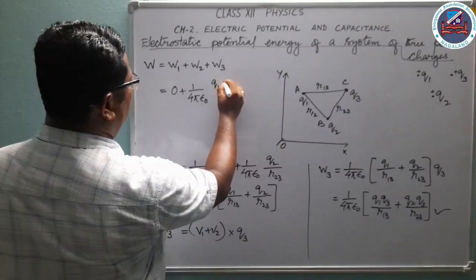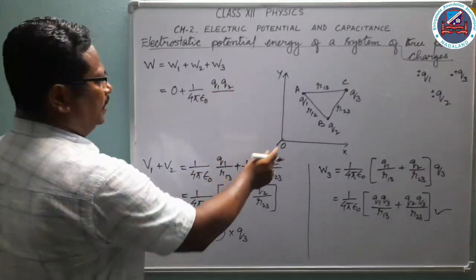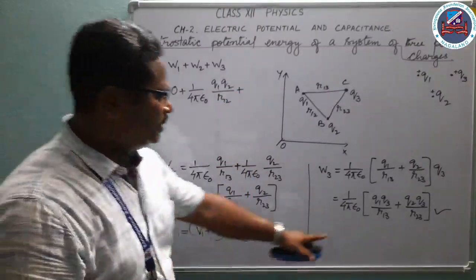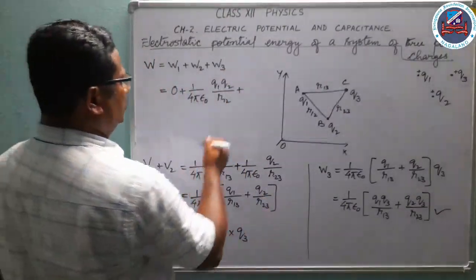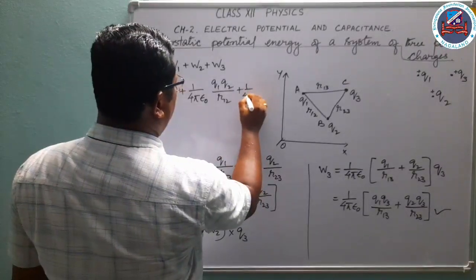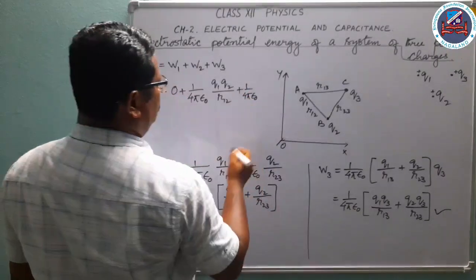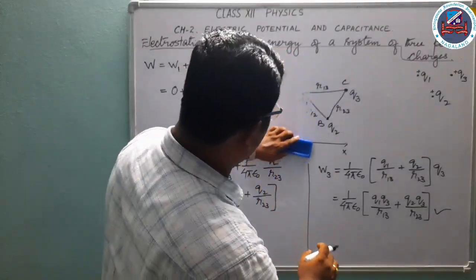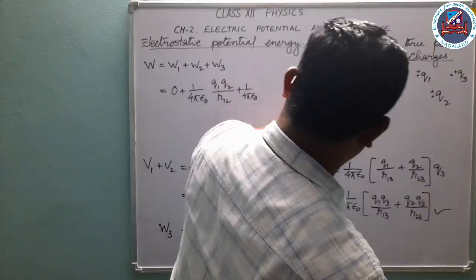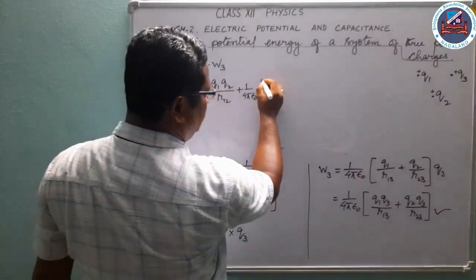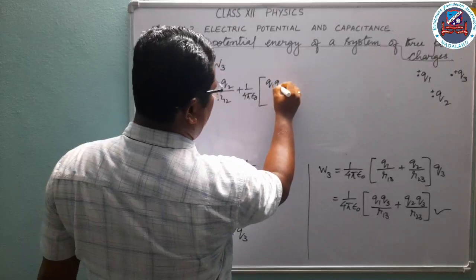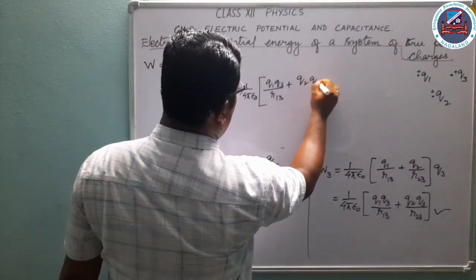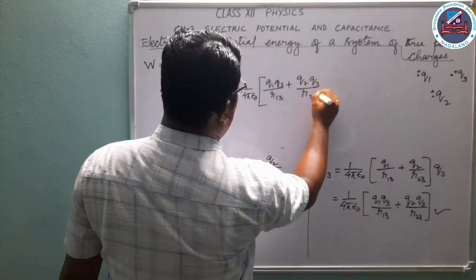charge Q1 Q2 divided by distance R12 plus this one, 1 by 4 pi epsilon naught, Q1 Q3 divided by R13 plus Q2 Q3 divided by R23.